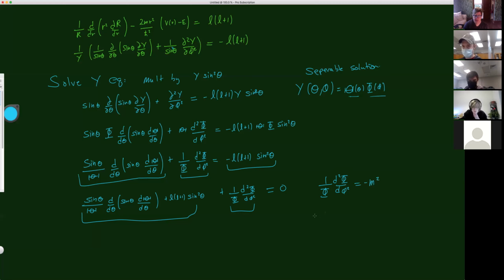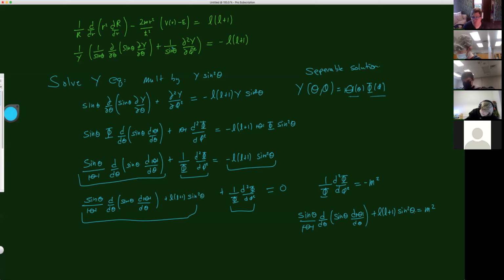And we'll let the sine theta over big Theta d d theta of sine theta d big Theta d theta, plus L(L+1) sine squared theta, equal m squared. Okay.